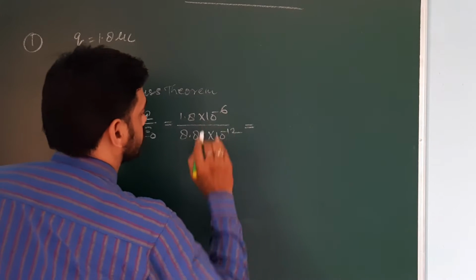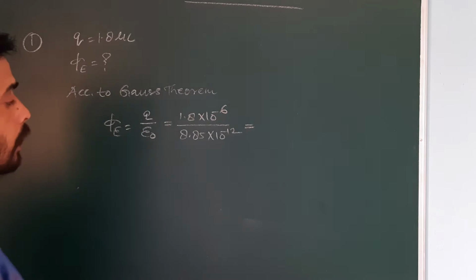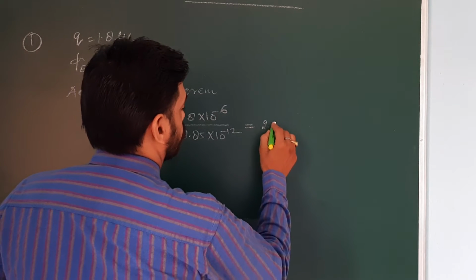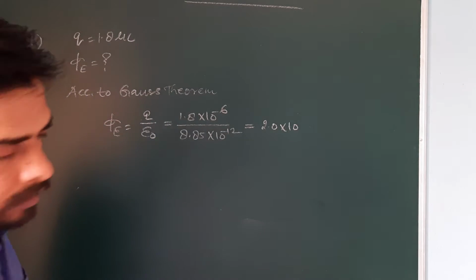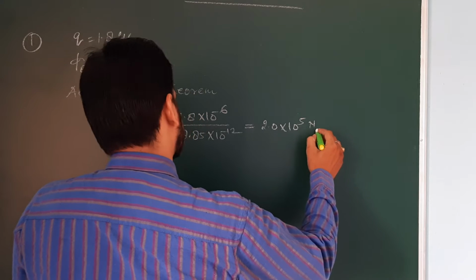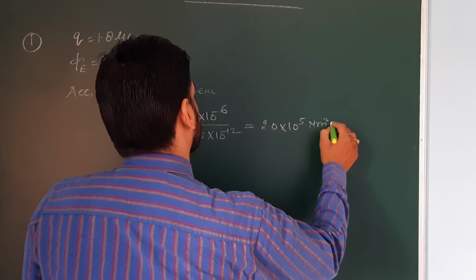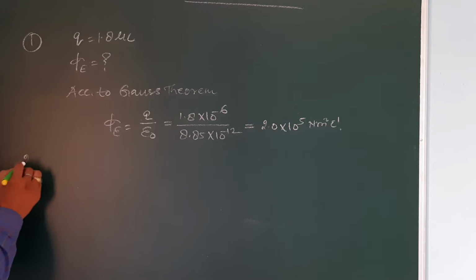When you solve this, you will get 2.0 into 10 power 5 Newton meter square per coulomb. Now see question number 2.